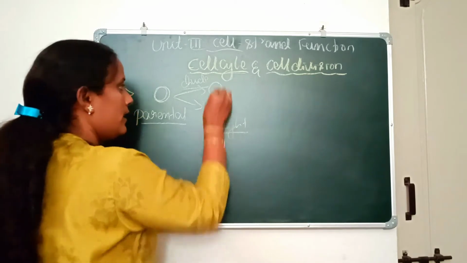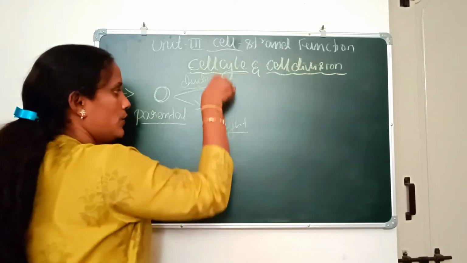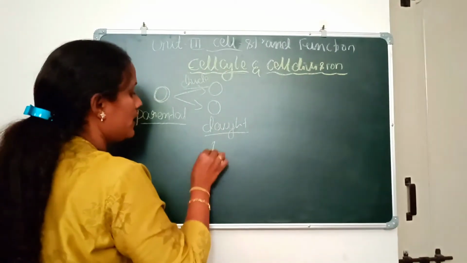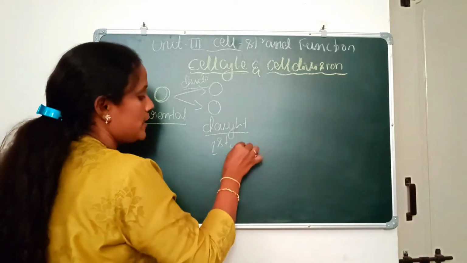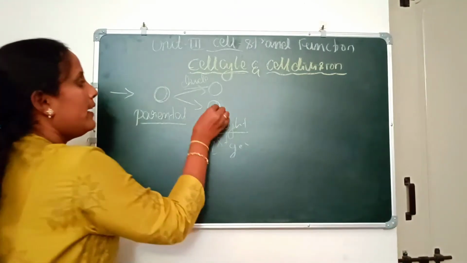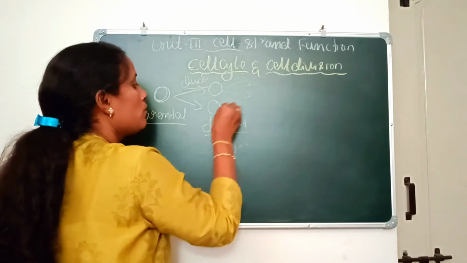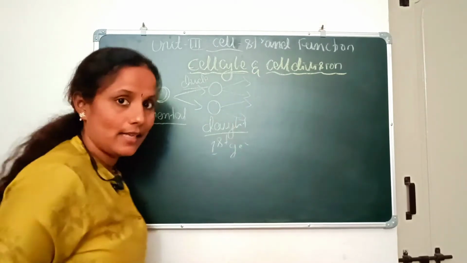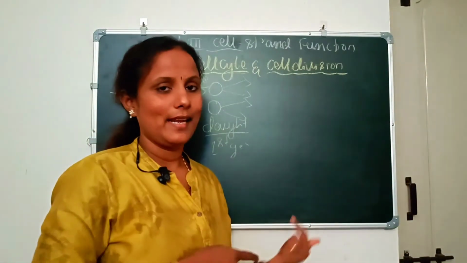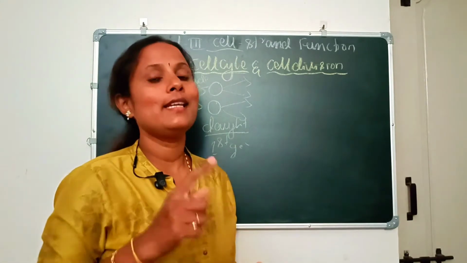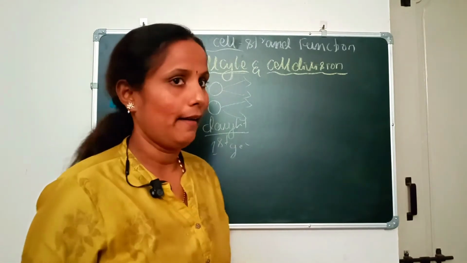This will constitute the first generation. And these cells will also grow in their size. We know that growth in the case of cells is considered as an increase in their cytoplasmic content.